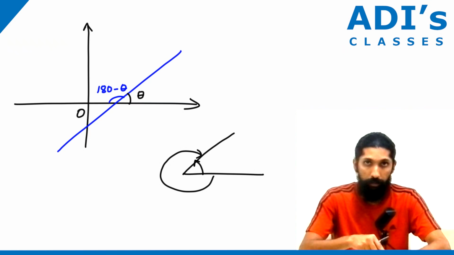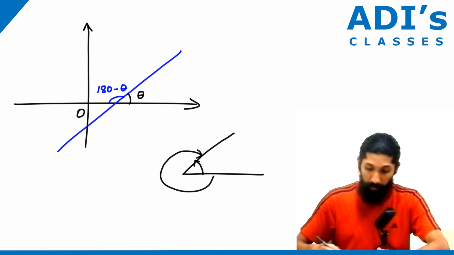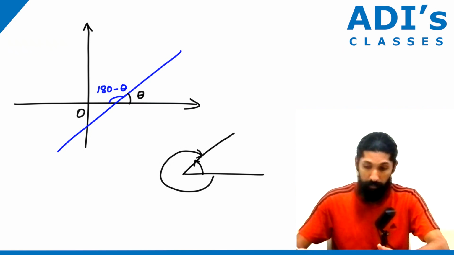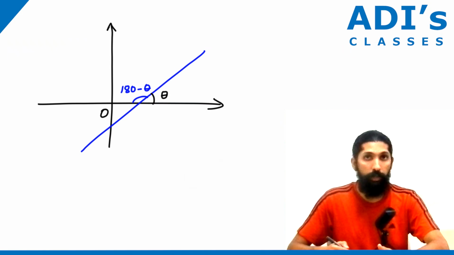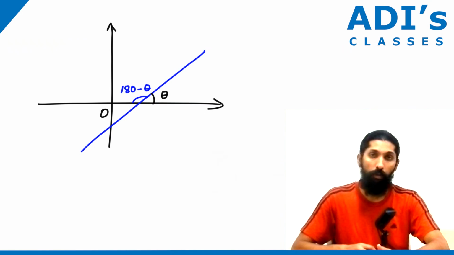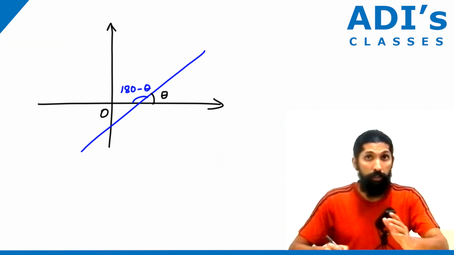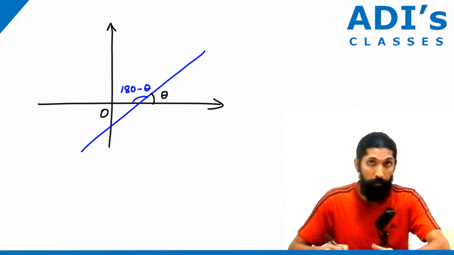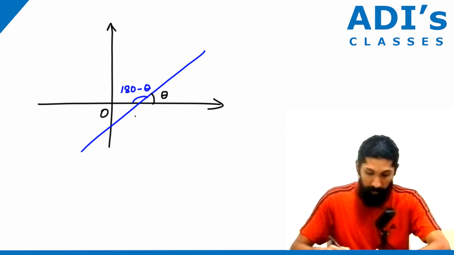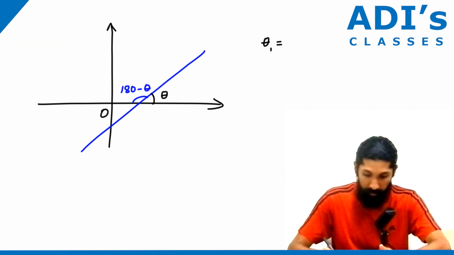Fair enough? Now, we are looking at an angle theta in this particular figure. When you look at angle theta, suppose the value of theta changes. Let's assume in this case theta is theta 1 in the first case.